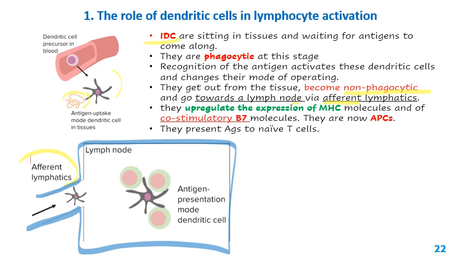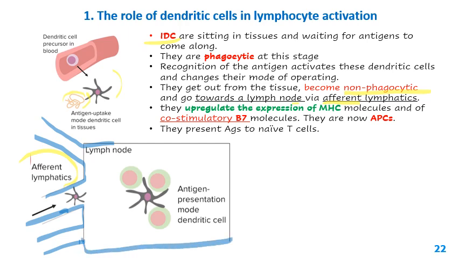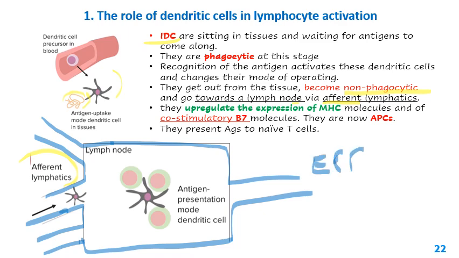Now, this picture is not very fair to these afferent lymphatics, because you don't really have just one. You have several afferent lymphatics, and on the other side you're going to have one efferent lymphatic.